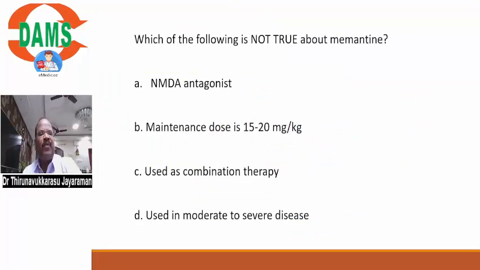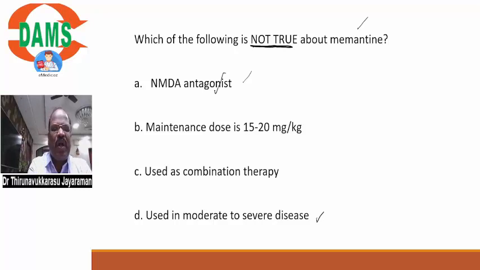Now, which of the following is not true about memantine? We discussed in classroom that memantine is an NMDA blocker useful for moderate to severe Alzheimer's. These two points we discussed.